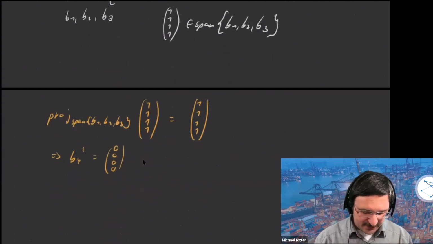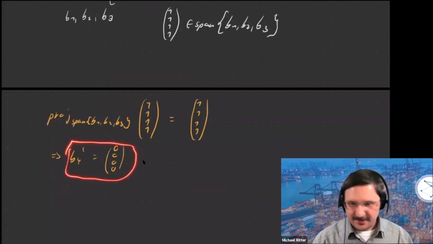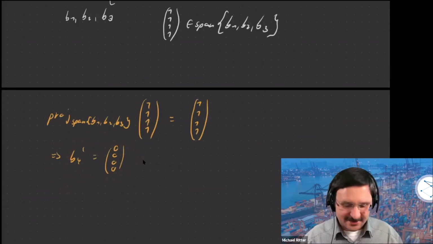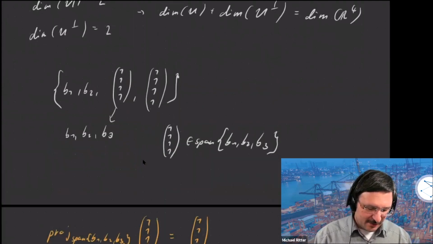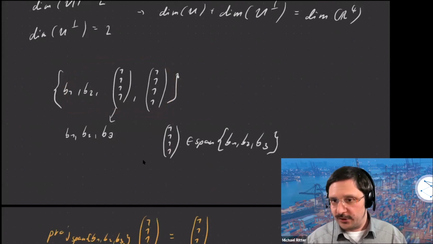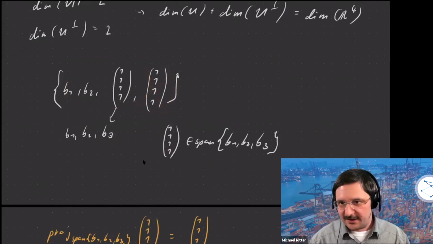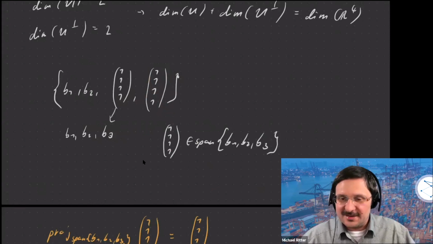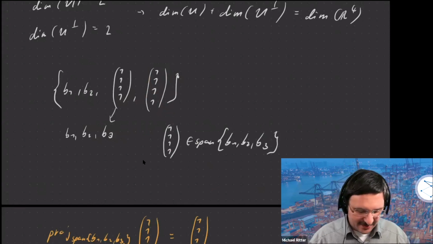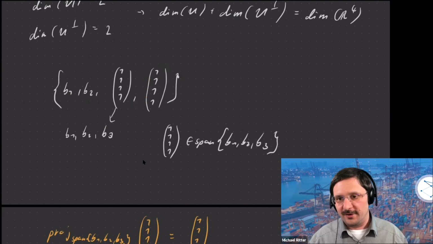Then in the fourth step, you'll end up with this result. And at that point, at the very latest, you should be able to see that the input was somehow not a basis. But what you can then do is ditch this vector, add some other vector that is hopefully linearly independent, and try again computing a meaningful B4.